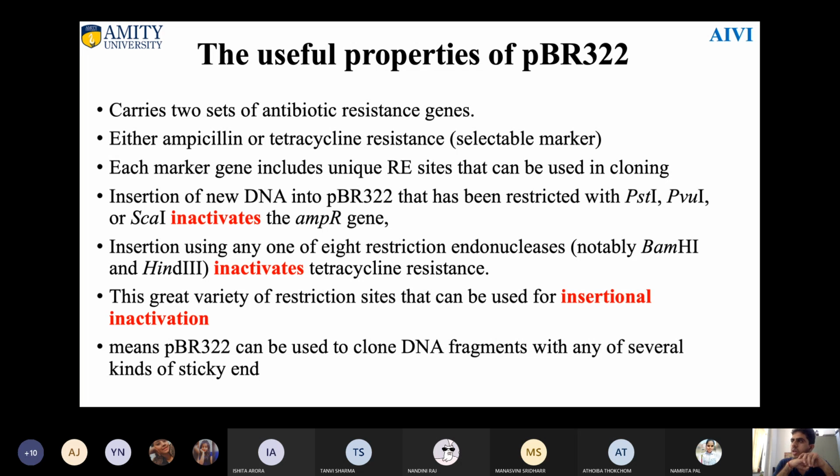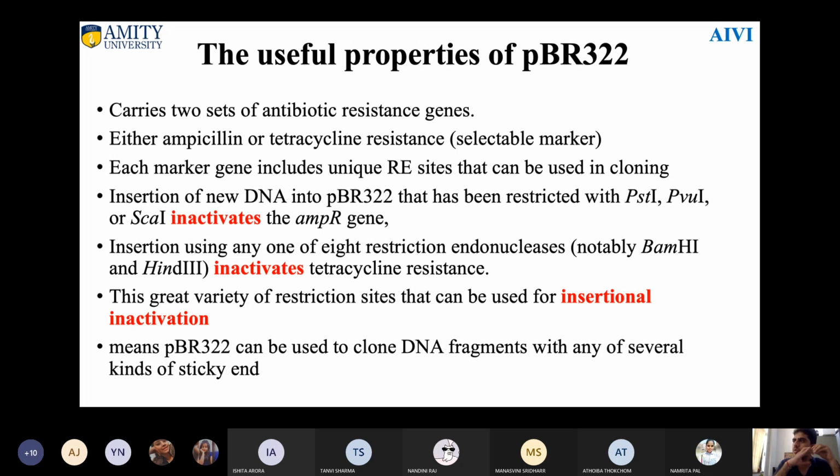So if you grow any cell which is harboring this plasmid, this vector is going to have these genes in them also, and these genes code for an enzyme that helps in digesting the ampicillin or the tetracycline. The enzyme is called beta lactamase.